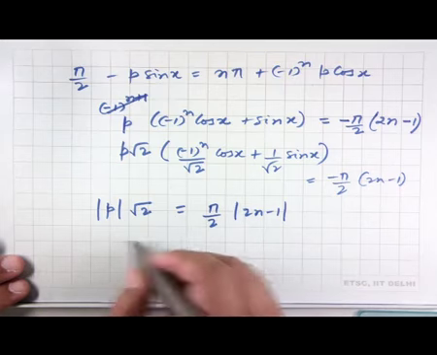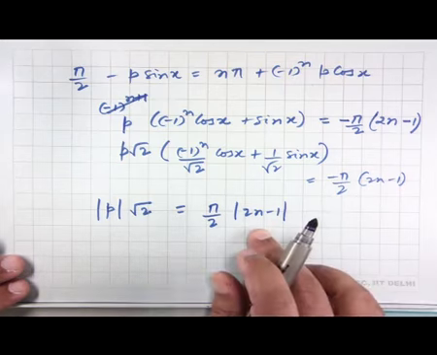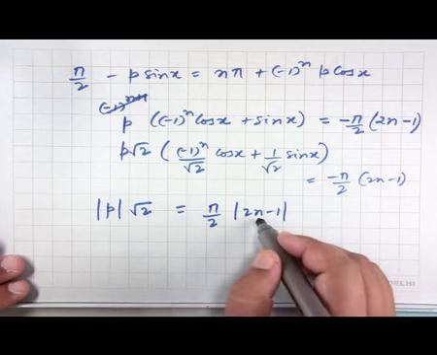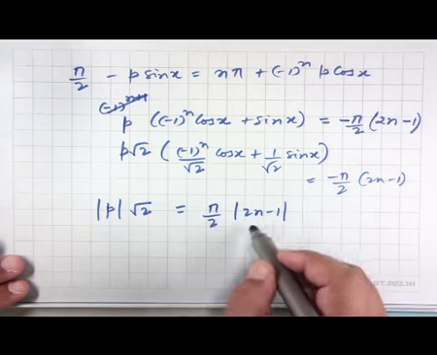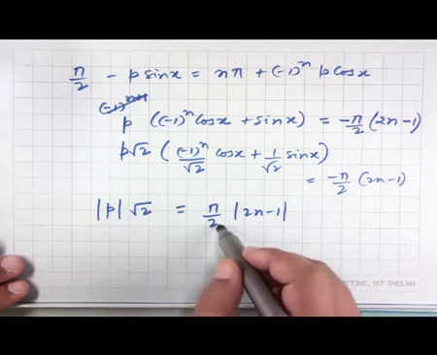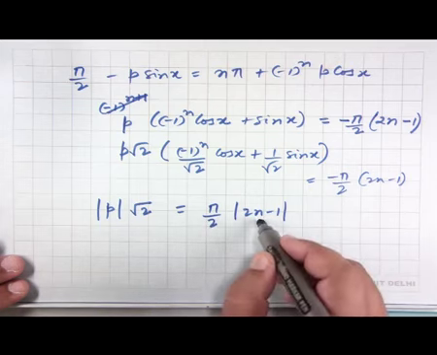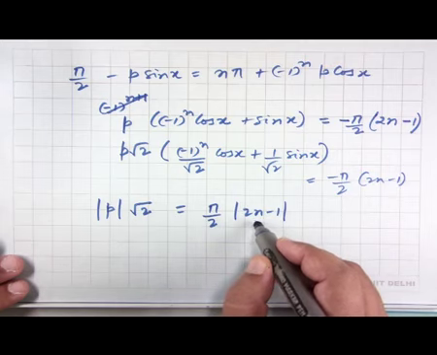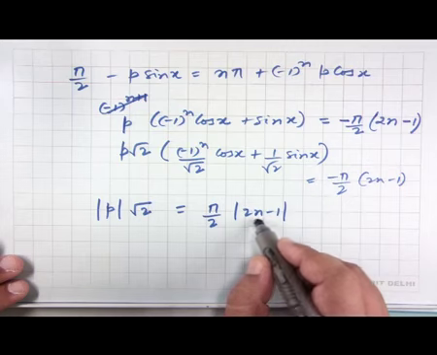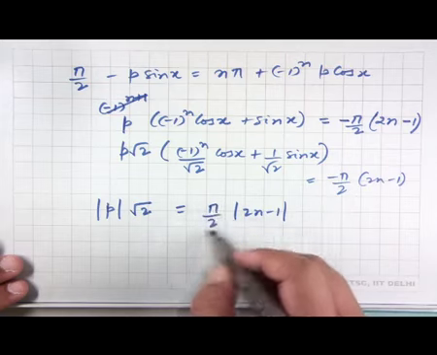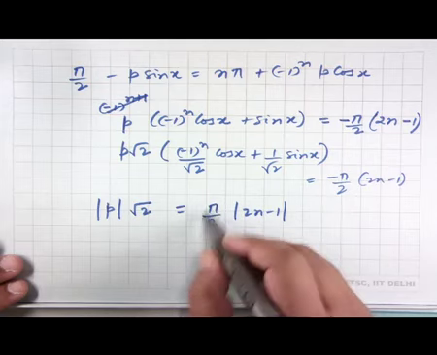From here it is now easy to see that for n equal to 0 we get this thing equal to pi by 2, n equal to 1 also we get pi by 2, but if we try n equal to minus 1, then we have 3 pi by 2 here. Similarly, if we try n equal to minus 2 or n equal to 2 or larger values of n, then we will not get pi by 2, we will get bigger numbers.